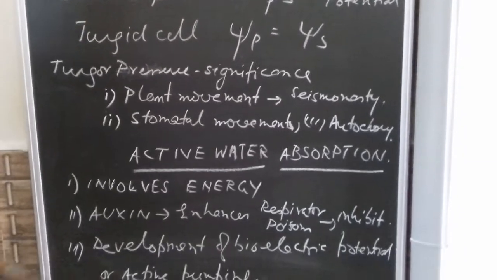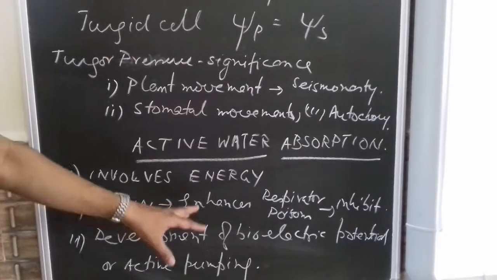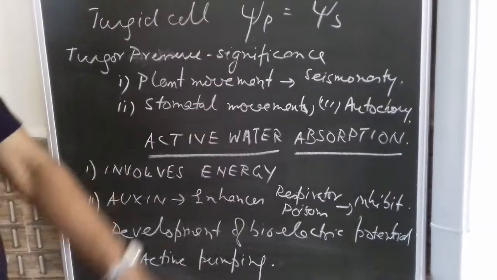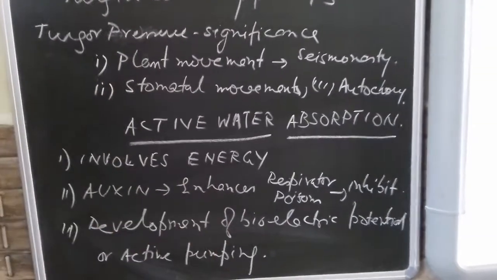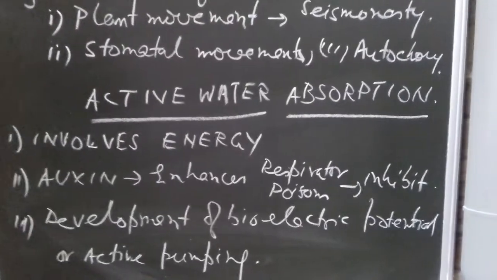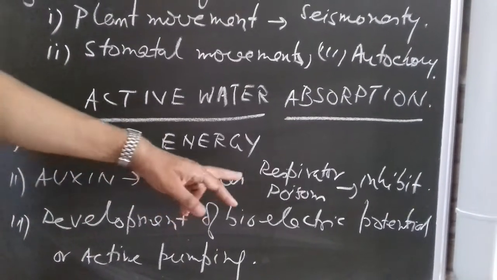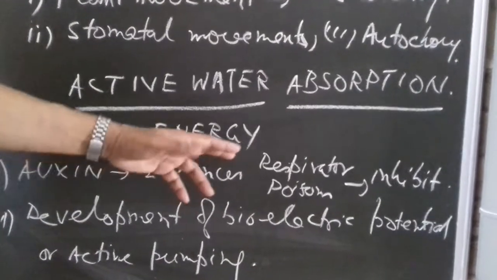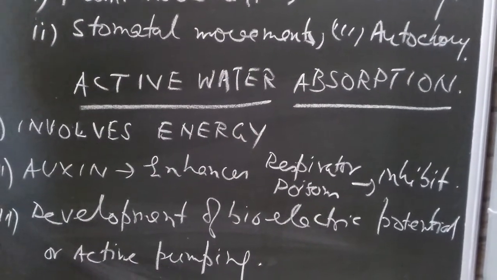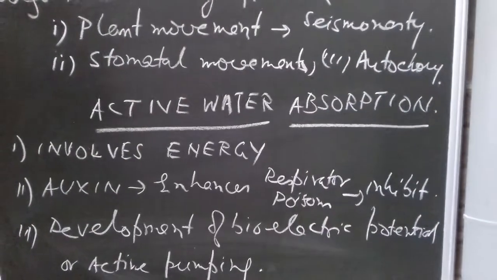Now sometimes the water has to move against this. That movement is usually controlled by certain hormones like auxins. This enhances the rate of absorption, or it can be inhibited also. Certain metabolic poisons like respiratory poisons can also inhibit the absorption of water through the active process.